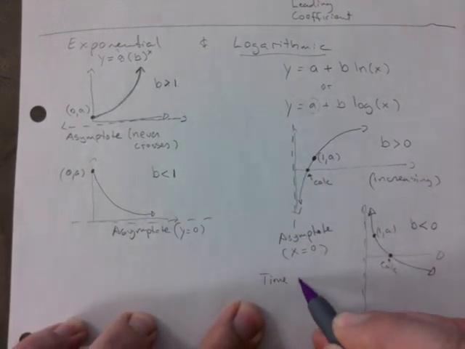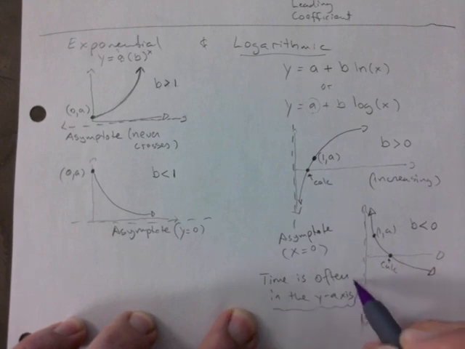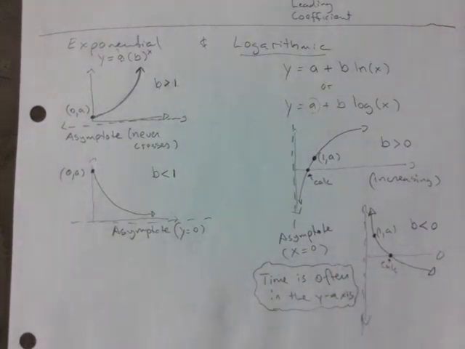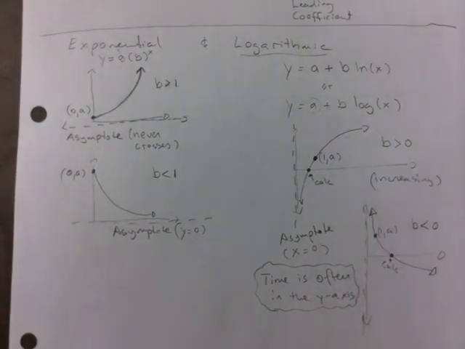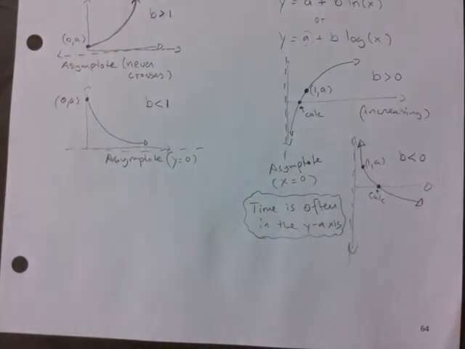Time is often in the y-axis. So that's what makes this one confusing at times, but you just go by what they give you. You don't change the course because of that.